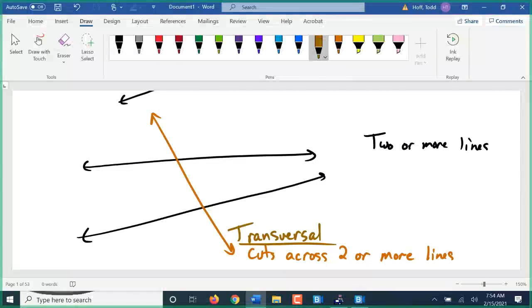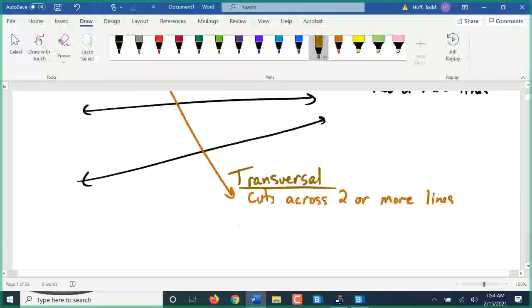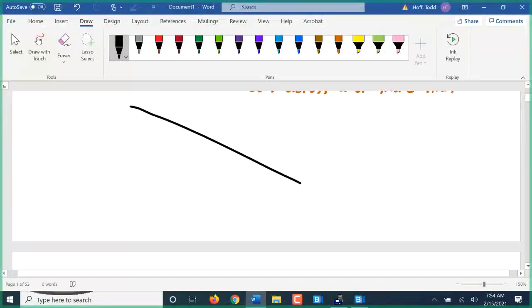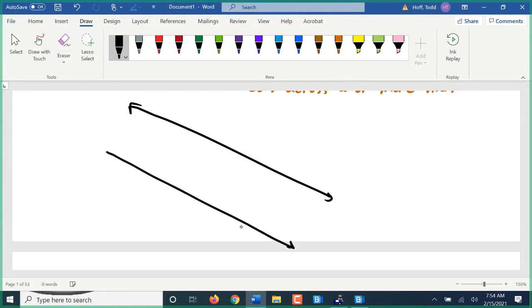Trans means to go across. Now, a transversal is not very interesting when it cuts across just regular lines like that. It's more interesting when it cuts across parallel lines. And those look parallel. That's my transversal there.